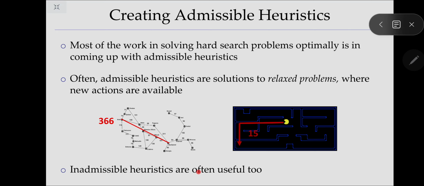Thus, we can define different admissible heuristic by ignoring different subsets of constraints, and based on the different constraints, we can find the best heuristic.